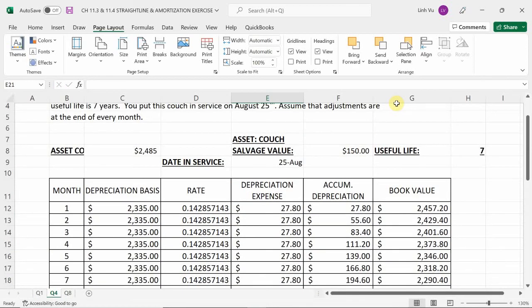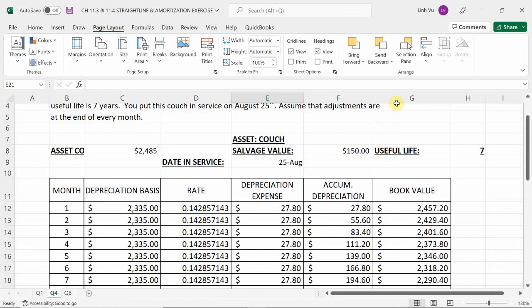Yes. Why? When did you place your asset into service? How old is your asset right now for the first year? Okay, it went into service on August 25th, right?